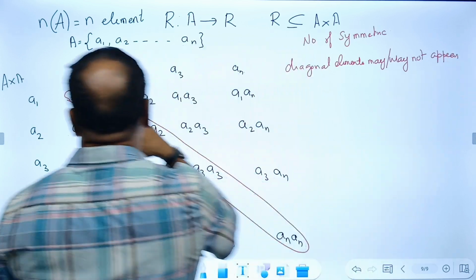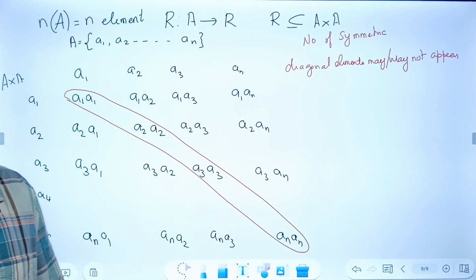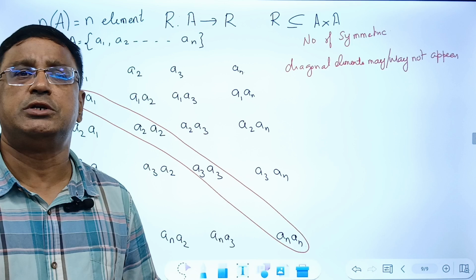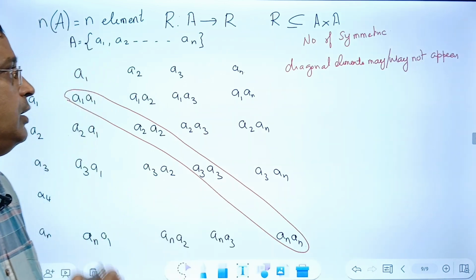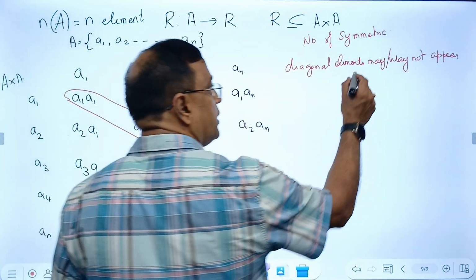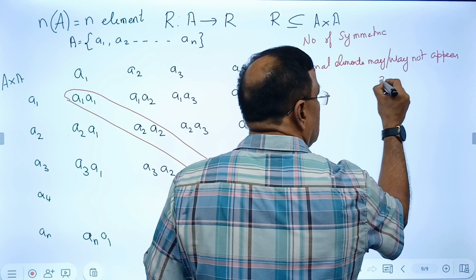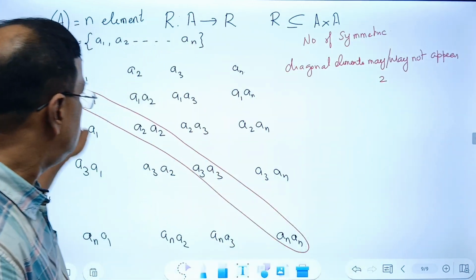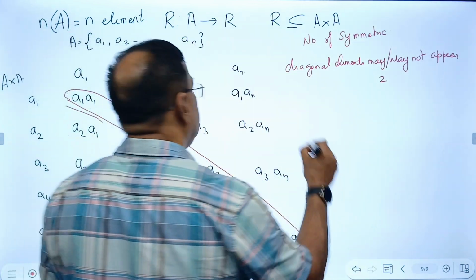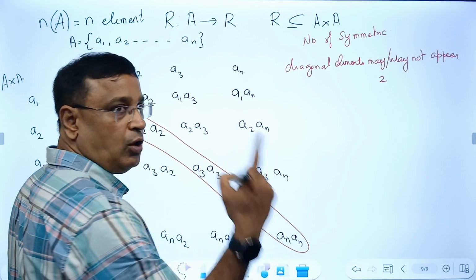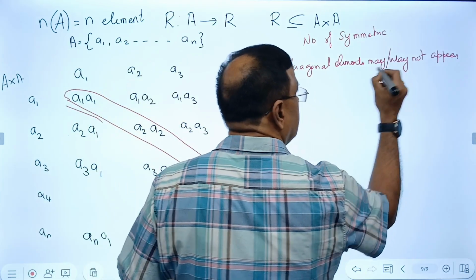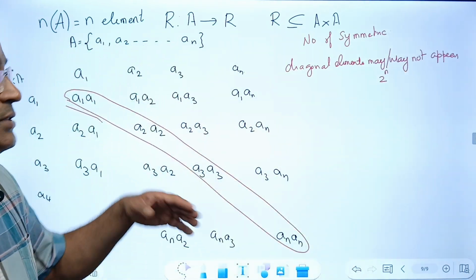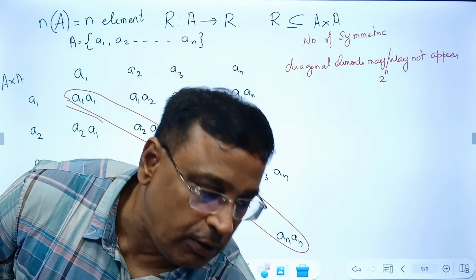If A11 is not there, it doesn't matter. It can be symmetric. If it is there also, it's fine. So there are two options. But how many diagonal elements are there? There are n diagonal elements. So each element will have two options. So there are 2 power n. So the number of ways the diagonal elements may appear is 2 power n.